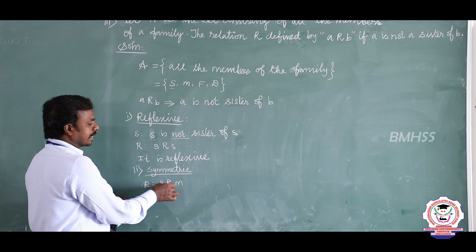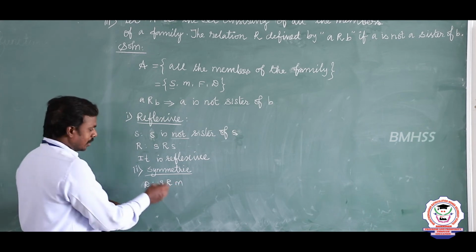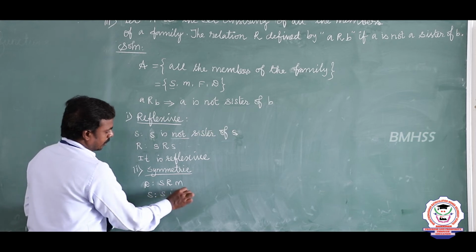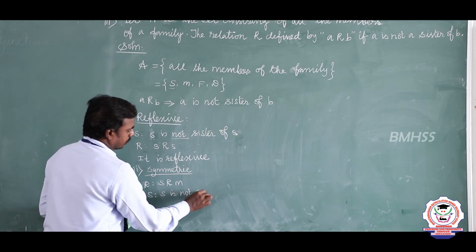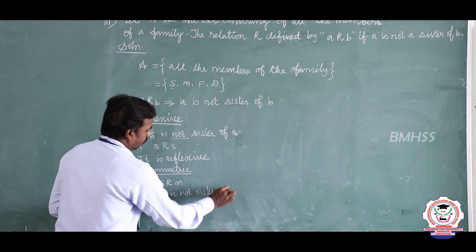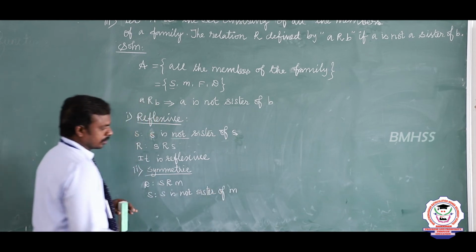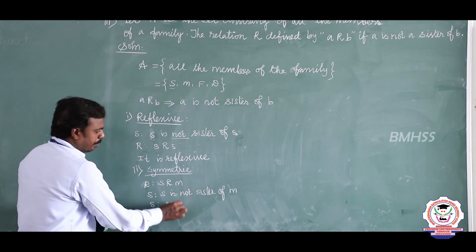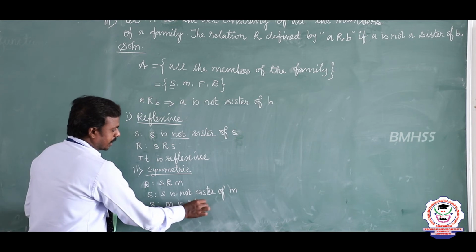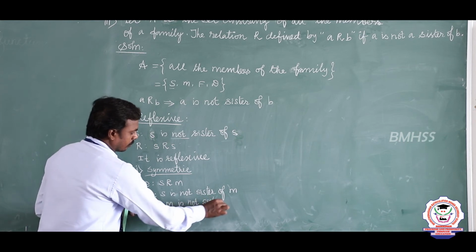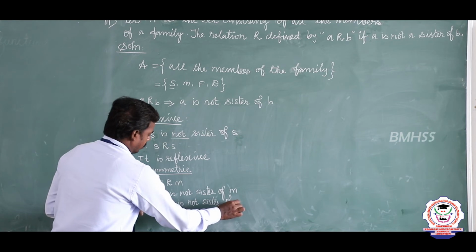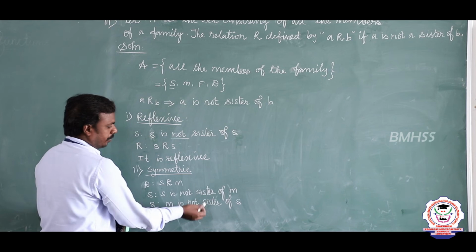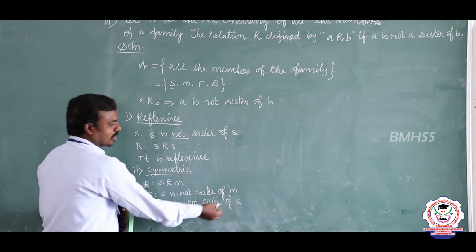Son is not sister of M, mother. Do you understand? The statement son is not sister of M, mother. And the same statement in the reverse, M is not sister of S. From this, S is not sister of M, at the same time mother is not sister of son.